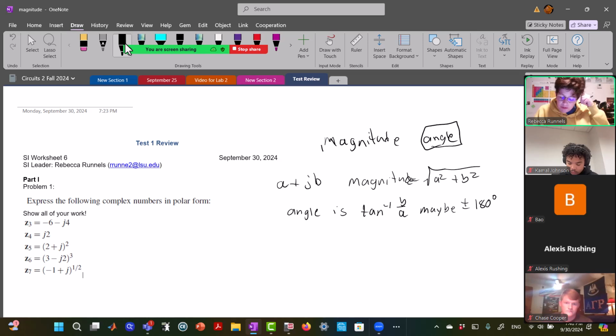Now, why would it be plus or minus 180 degrees? I'll explain that with this very first problem.